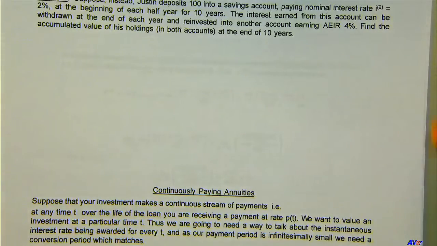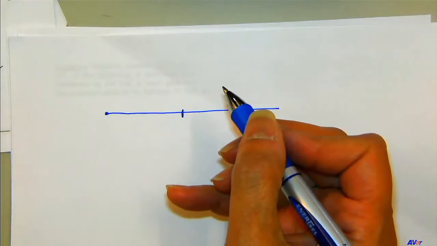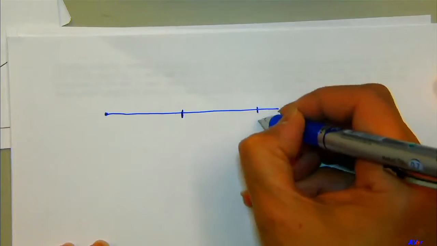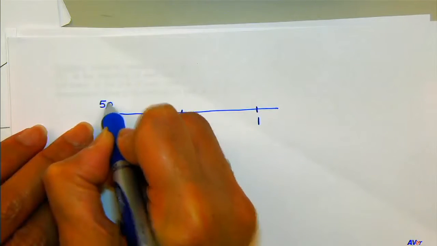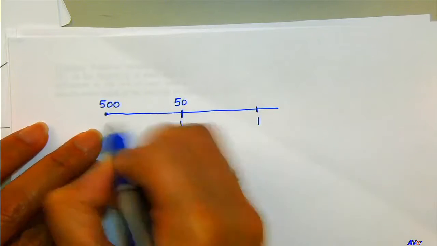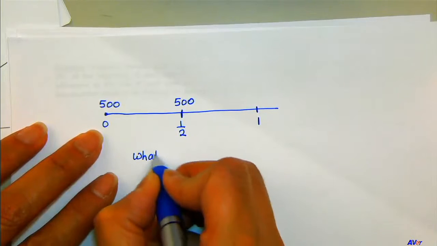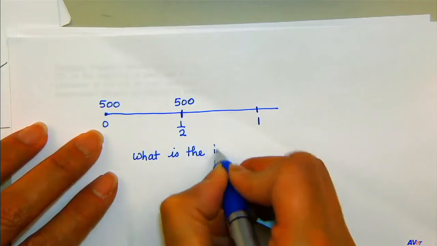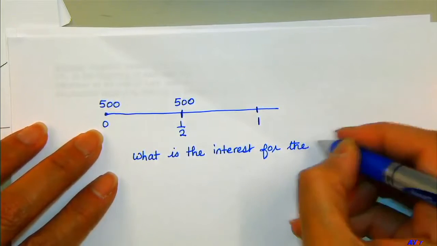Let me ask you this. If this is time 1, this is time 1/2, and I deposit $500 here, and I deposit $500 here, what is the interest for the first year?